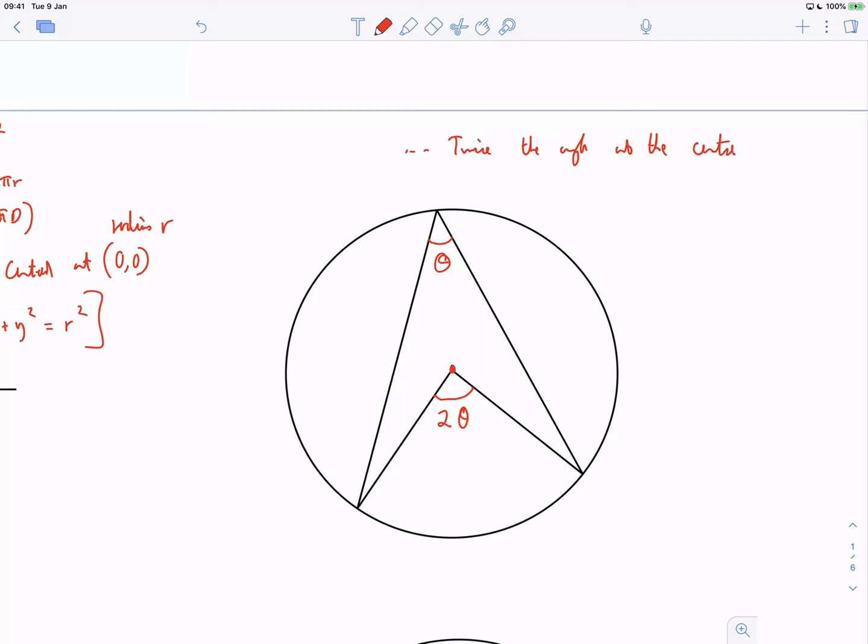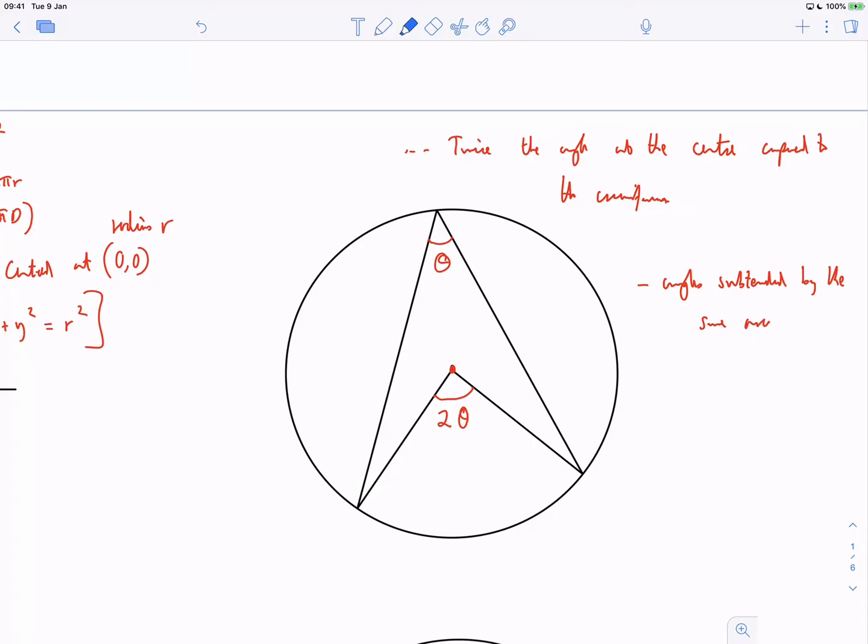Some people call it that. It's a bit cryptic. Twice the angle at the center compared to the circumference. You might call it angles subtended by the same arc.